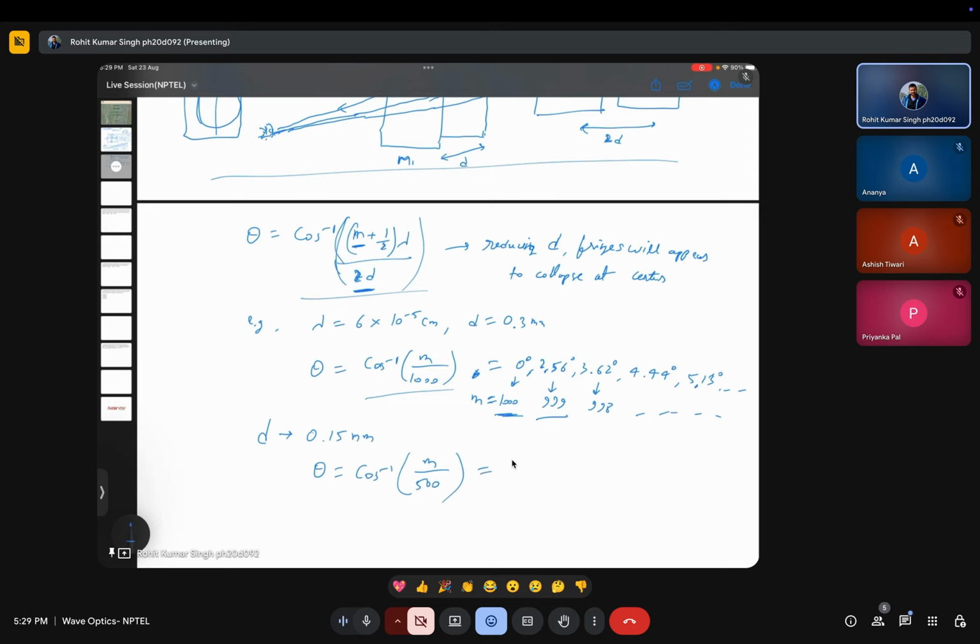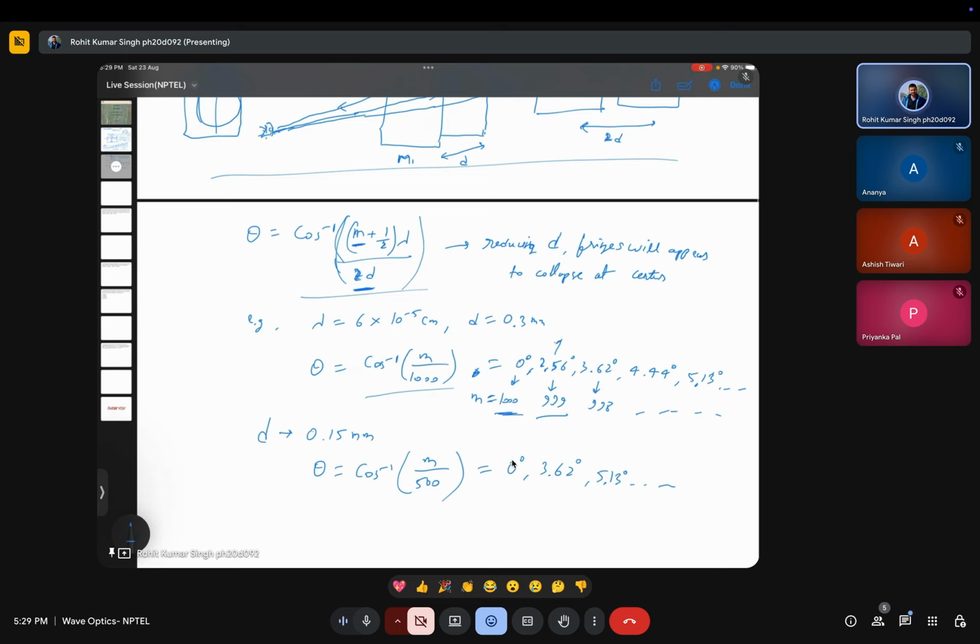For different m, this will be equal to 0 degree, 3.62, 5.13 degrees. Now you see the difference. You are skipping one angle. This angle is gone. Now this angle is gone. And so for m you will get 500 here, 499 here, 498 here, and so on.